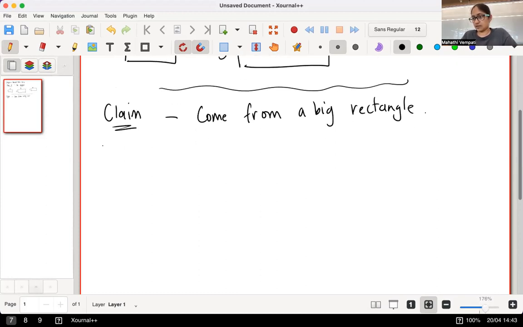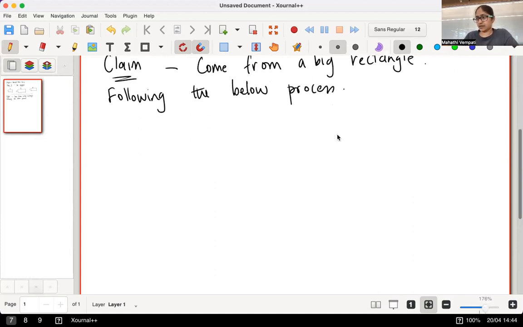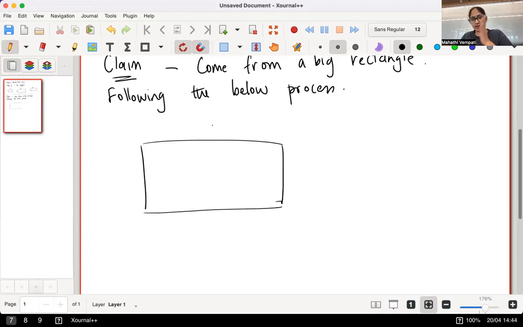Following the below process. Somebody has taken a big rectangle, right? And picked either a horizontal direction or a vertical direction and made a cut. So they either cut vertically or horizontally at some integral point, right?